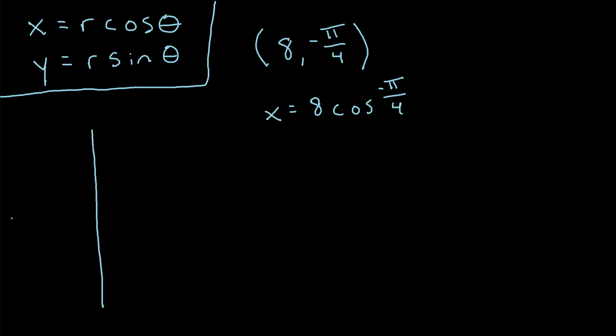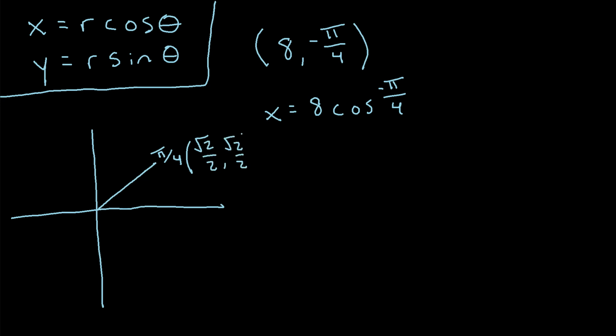Well, if we think about our unit circle, the coordinates of pi over 4 are square root of 2 over 2, comma, square root of 2 over 2. Now, if we were going to use negative pi over 4, instead of rotating the angle up like this, we actually have to rotate in this direction. So negative pi over 4 would be over here.